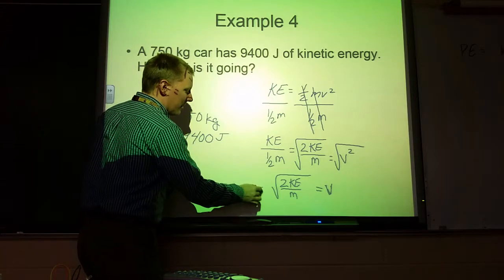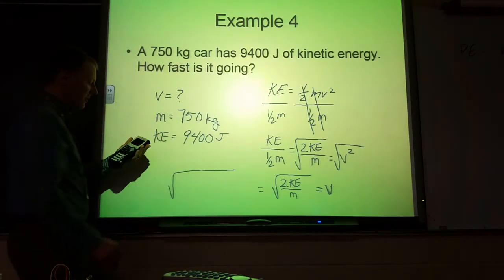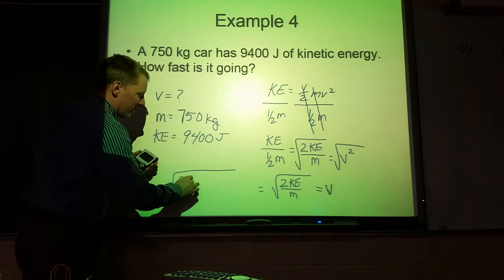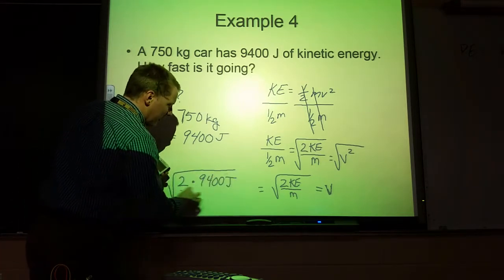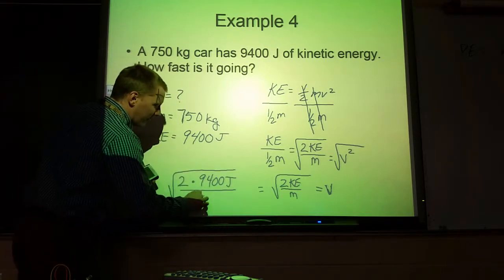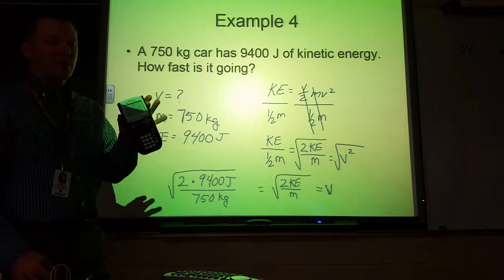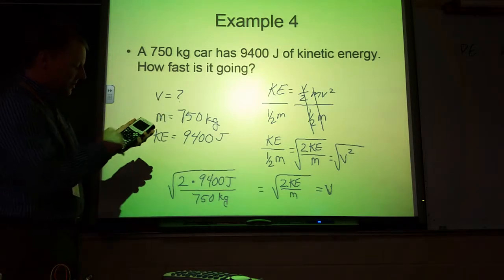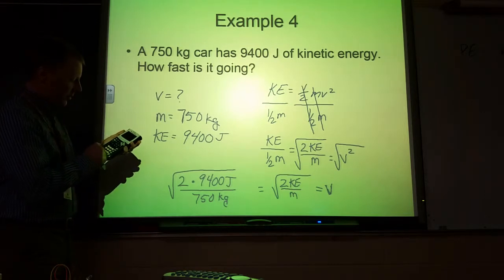With this kind of calculator, you don't have to do that. So I'm going to put 2 times 9,400 over the mass of 750 kilograms. And then because this calculator uses parentheses, I can just put those in and not worry about the order.